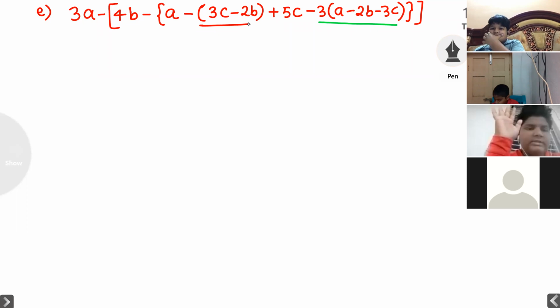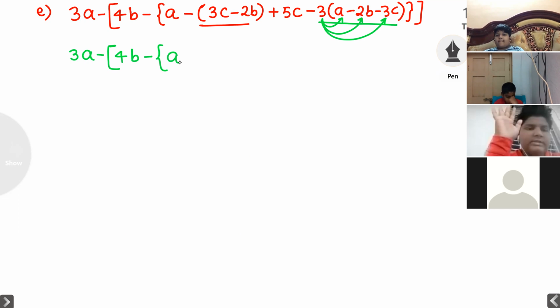It means, firstly, I am going to simplify this 3 into A, 3 into minus 2B, 3 into minus 3C, right? Because it is coming in small bracket. 3 times means 3 into. Now, whatever remaining terms are there, I will write as it is. 3A minus large bracket, 4B as it is, minus curly brackets A as it is.